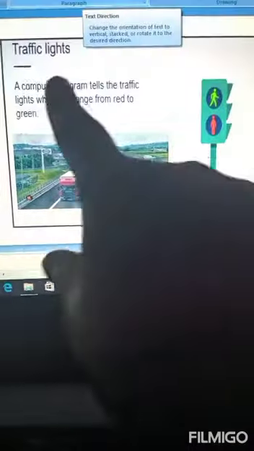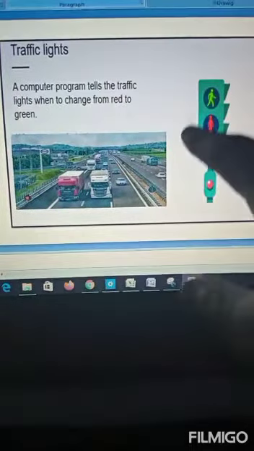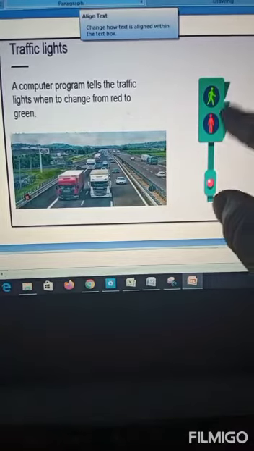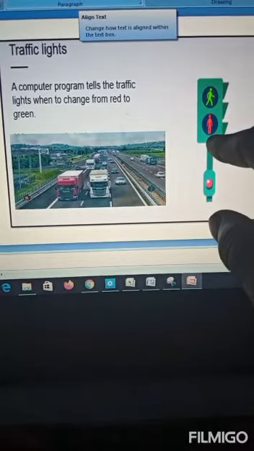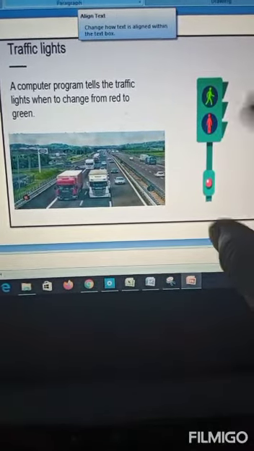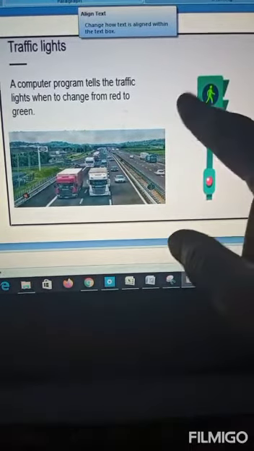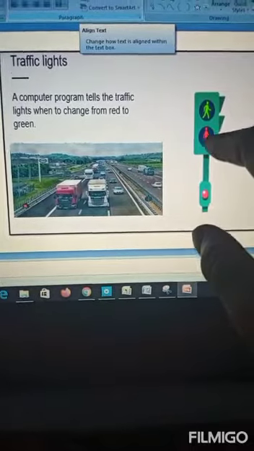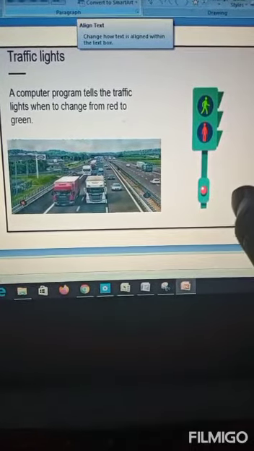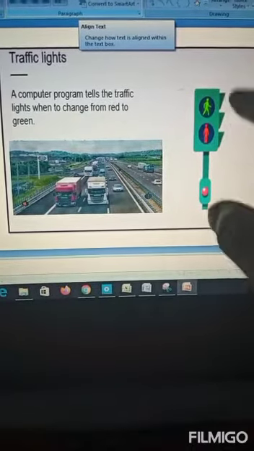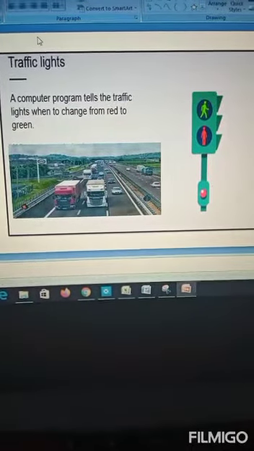No, it's a computer program which controls the traffic lights. It tells when to go, when to stop, and when to be ready. It is the computer program which changes the light from red to green and green to orange or amber. So a computer is here on the roads as well.